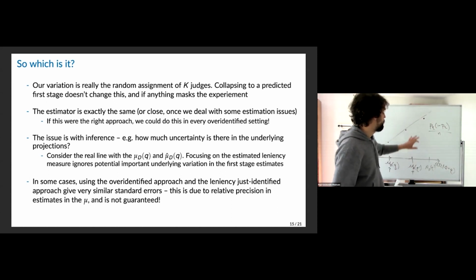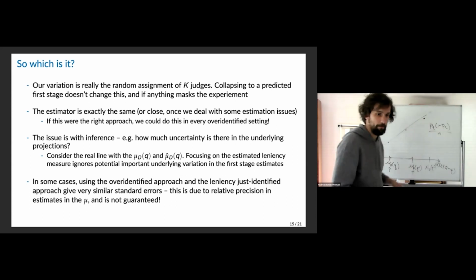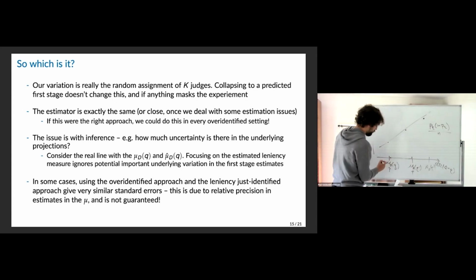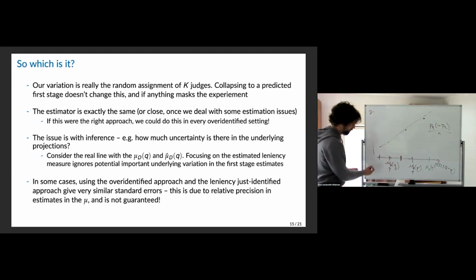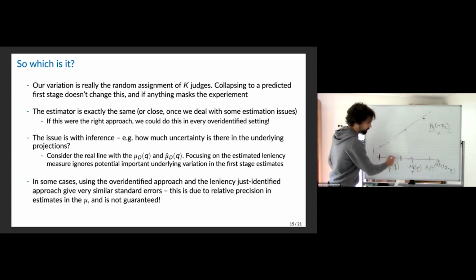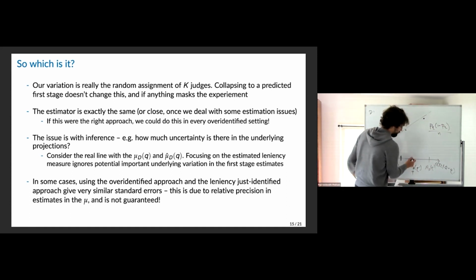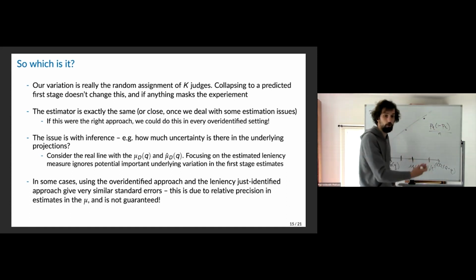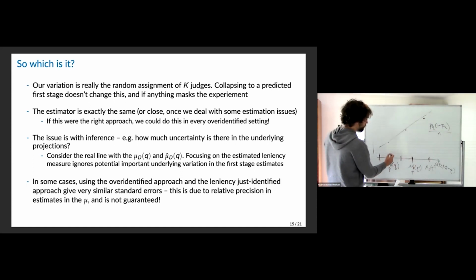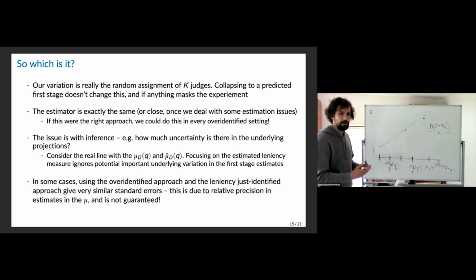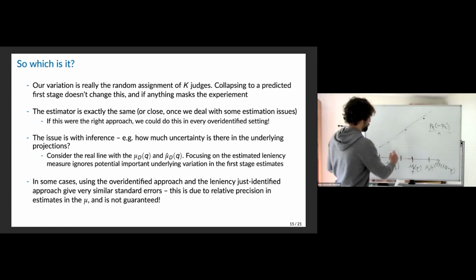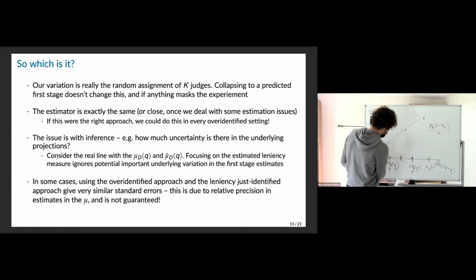But if you have fewer of them, let's imagine you're here. Well, then the true estimate for you could be anywhere between here and here, right? You have a much noisier estimate versus, let's imagine Kanyao and Daniel are much more tightly estimated, for example. And so you'll be closer to the values. The problem is that what you want in your inference is to account for the fact that this value can change anywhere from here to here.